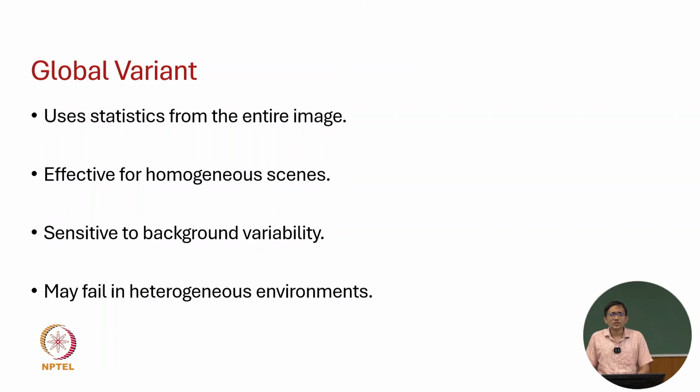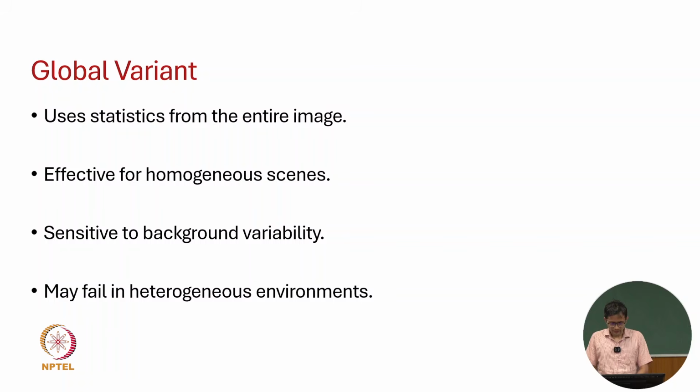So in case of such scenes, the global variant may be quite helpful. However, the global variant will not work so well in heterogeneous environments, where we see significant variation in the given scene itself.